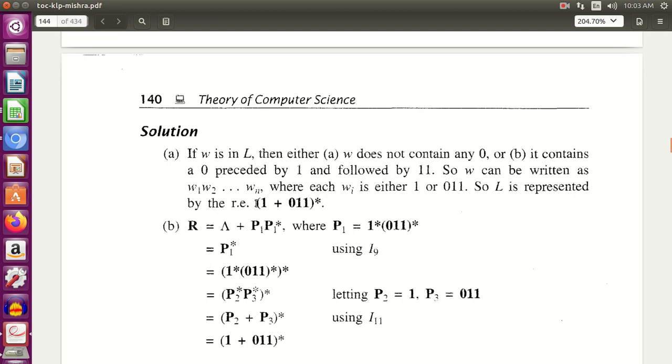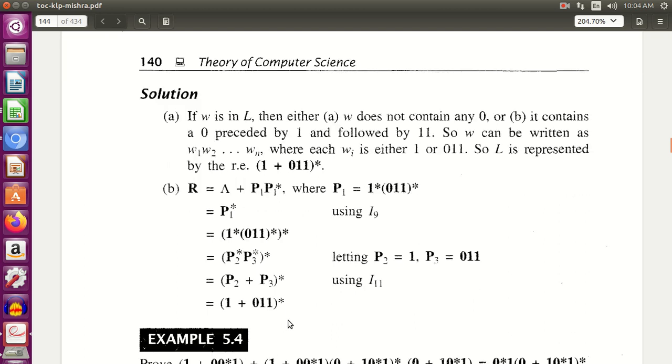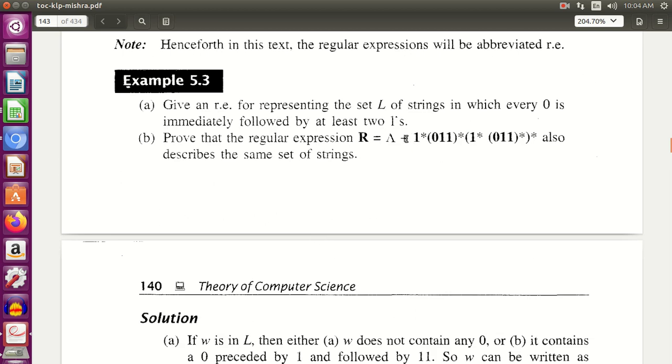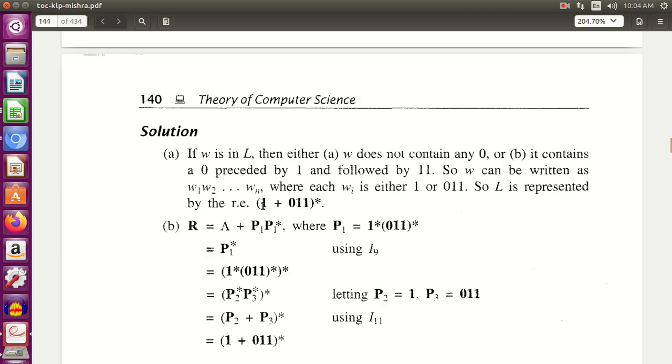That was the regular expression we had designed. So if we start with this, we ultimately prove that this one is equal to 1 plus 0 1 1 star. Hence proved. Okay. Any difficulty in understanding how I am proving that this is equal to this thing?